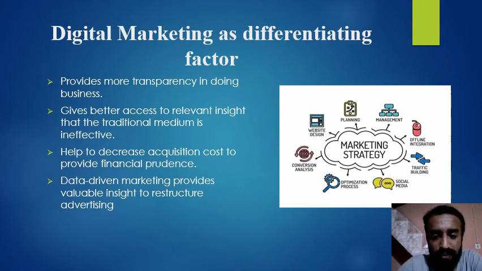It provides more transparency in doing business. It also gives better access to relevant insight that the traditional medium is ineffective at. It helps to decrease acquisition costs to provide financial prudence. Data-driven marketing provides valuable insight to restructure advertising.